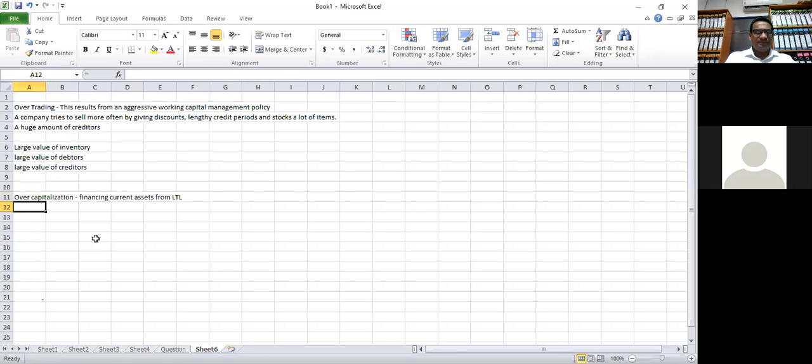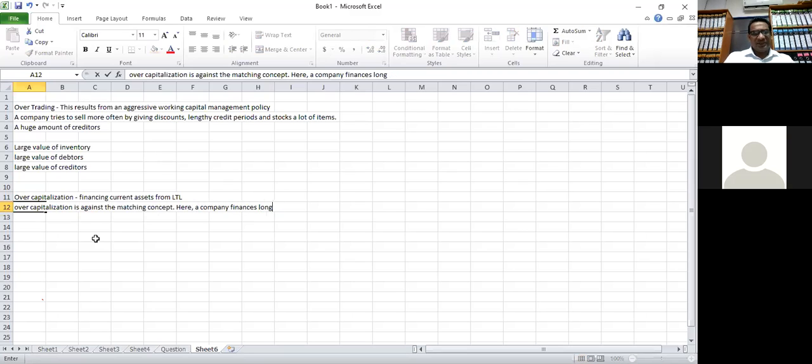So we can say here, overcapitalization is against the matching concept. Here, the company finances current assets from long-term liabilities.